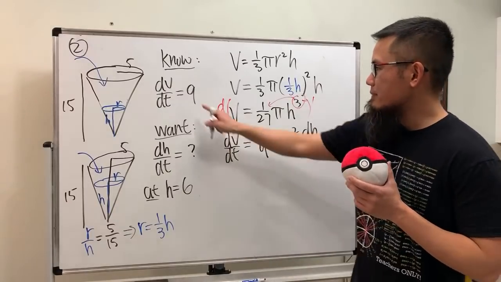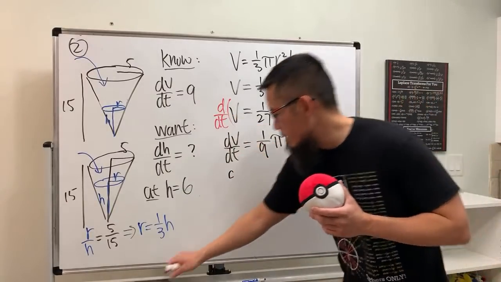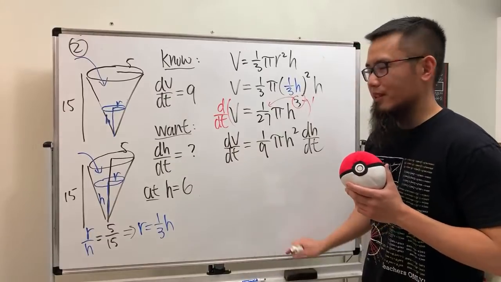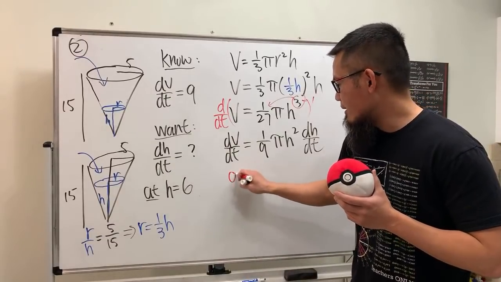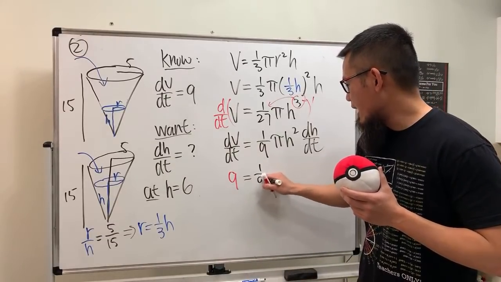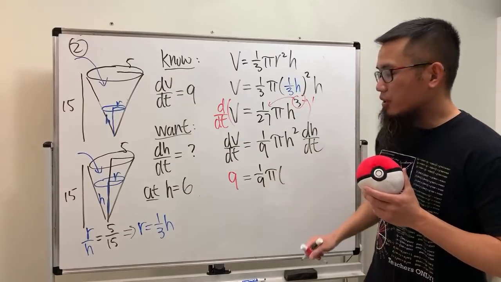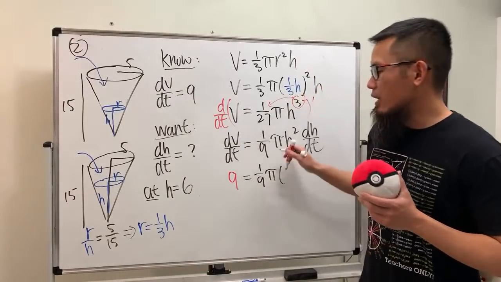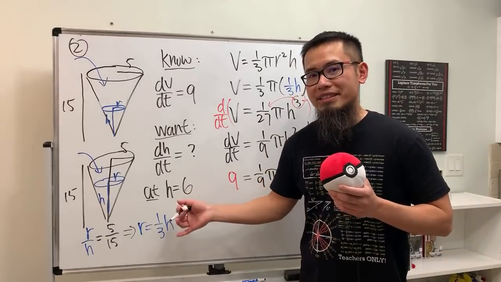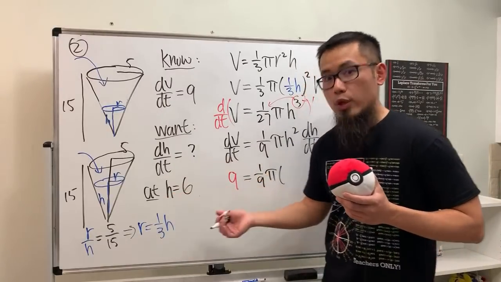Now, plugging numbers, 9 here. You know the deal, I'm going to put that down in red. 9 here. This is 1/9, pi is pi, h is 6. You have to also pay attention to at what instance, because at different instances, the rate will be different.